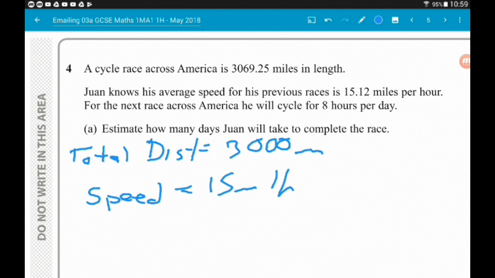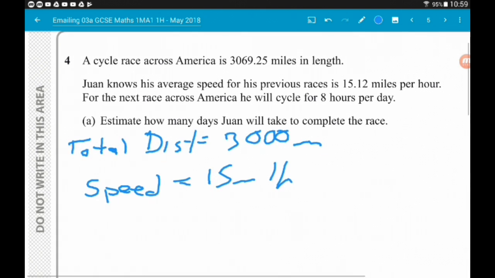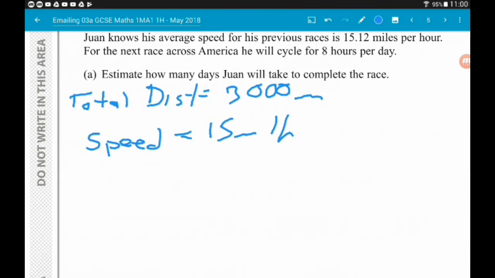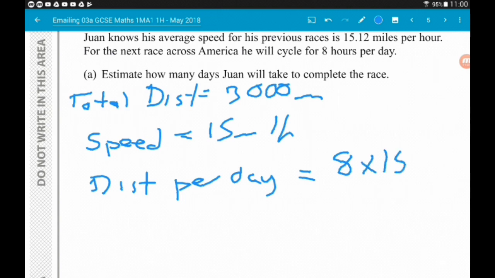Okay, so now we can work out his distance per day. So his distance per day, roughly using our estimation, if he's going to cycle 8 hours per day and he goes at 15 miles per hour, then we want to do 8 times 15.